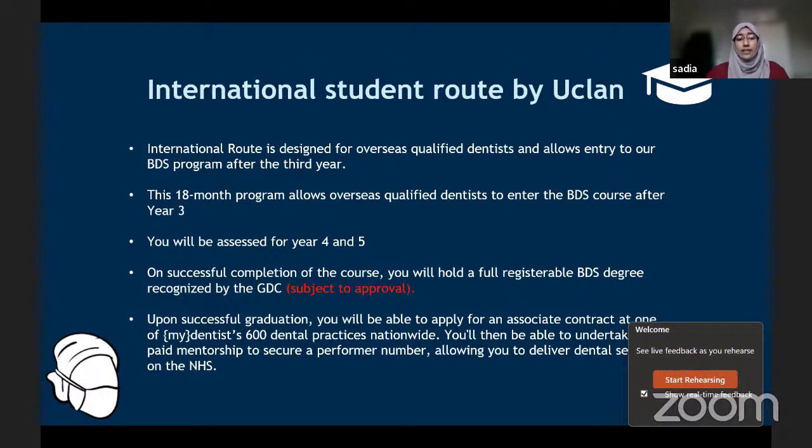They also say that upon successful graduation, My Dentist, one of the leading dental practices in the UK, will give you an opportunity to work as soon as you graduate. So this is one of the routes, but it has not been approved yet.